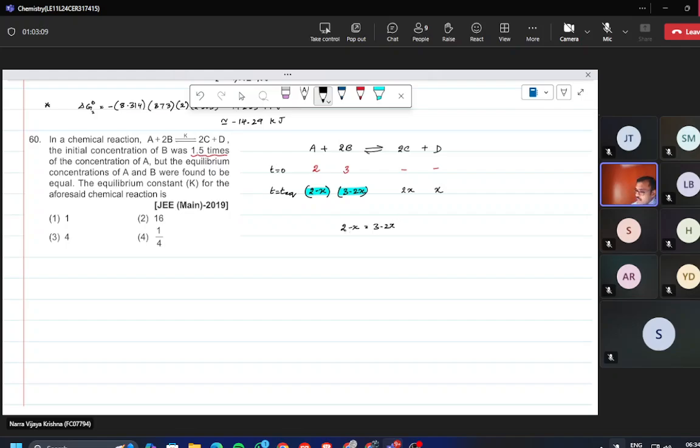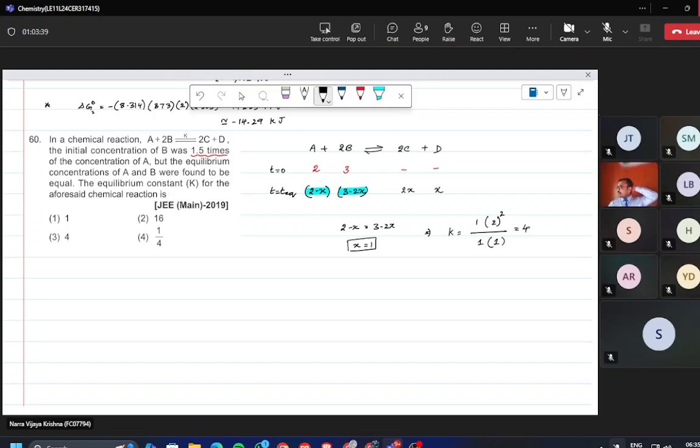Bring that minus 2x to this side. What do you get? x equals 1. If x equals 1, then what is K? 1 into 2 square upon 1 into 1 square. Easy or not?